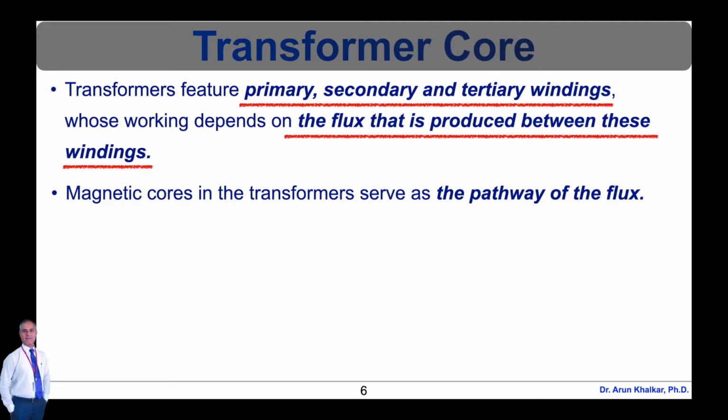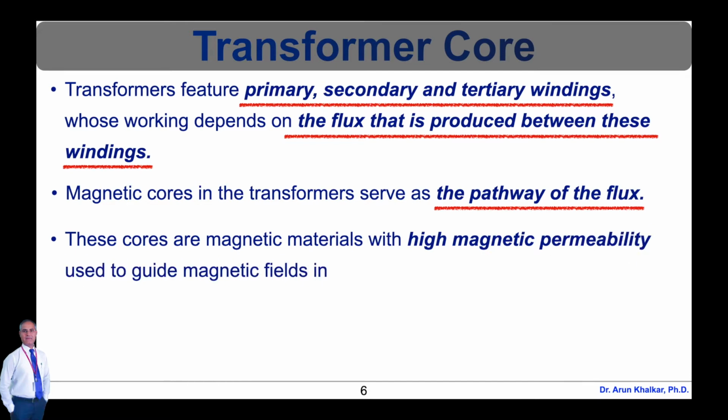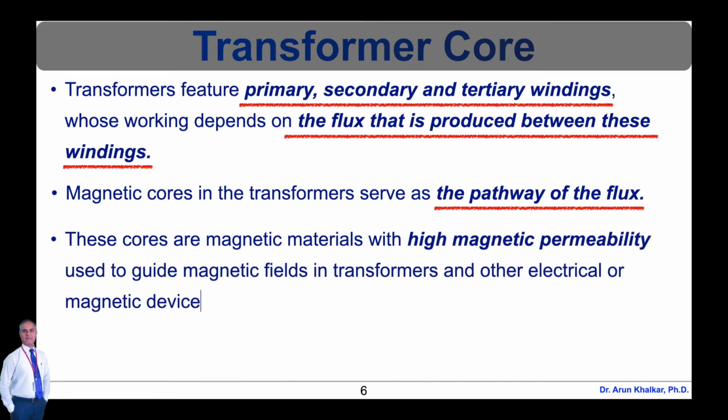Transformers feature primary, secondary and tertiary windings whose working depends on the flux that is produced between these windings. Magnetic core in transformers serves as the pathway of the flux. These cores are magnetic materials with high magnetic permeability used to guide magnetic fields in transformers and other electrical or magnetic devices.